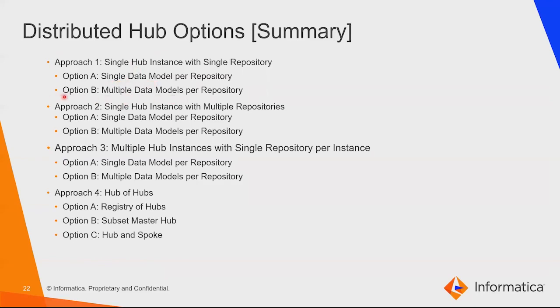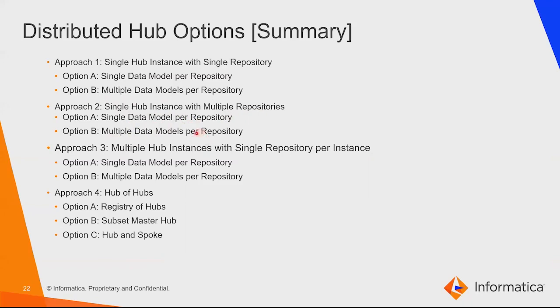But if you have some other additional use cases, you could go with approach two. And in this particular approach two, you again have a single MDM instance, but you can have multiple repositories. And within these multiple repositories, you can have a single data model per repository, or you could have multiple data models per repository. And the use cases and examples we have just gone through.